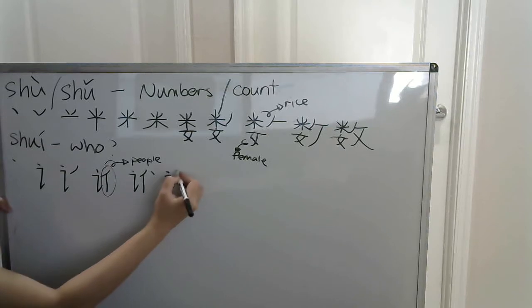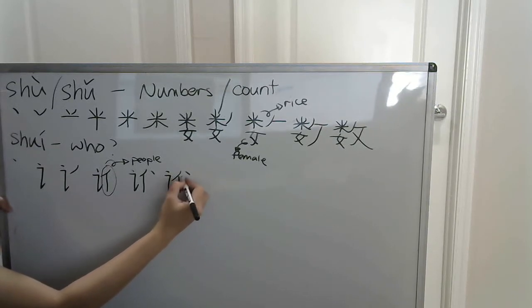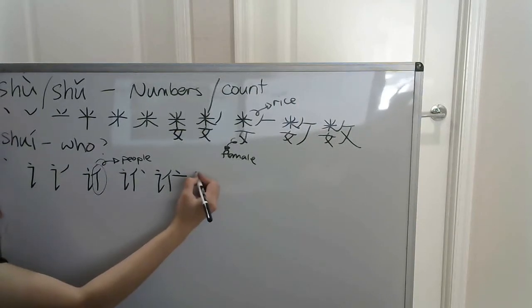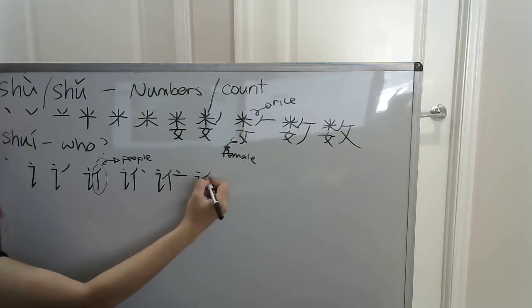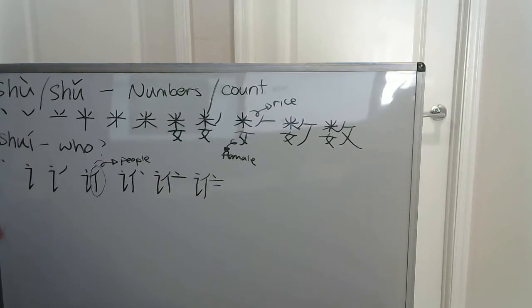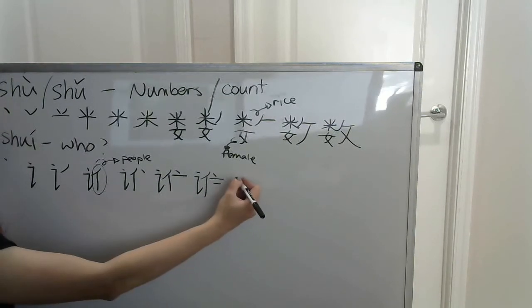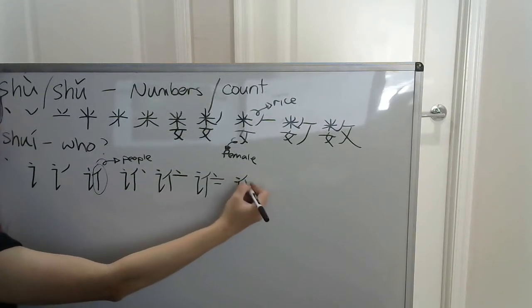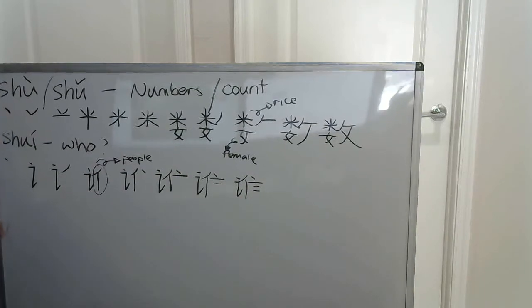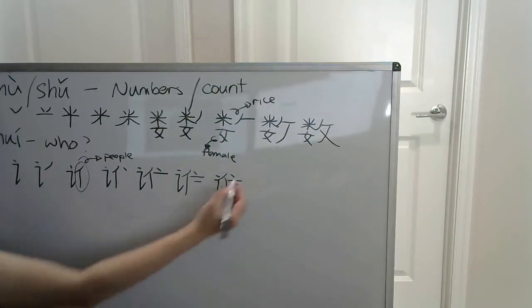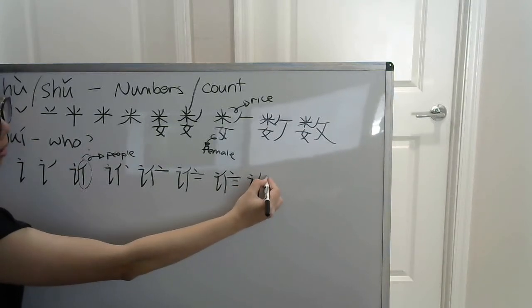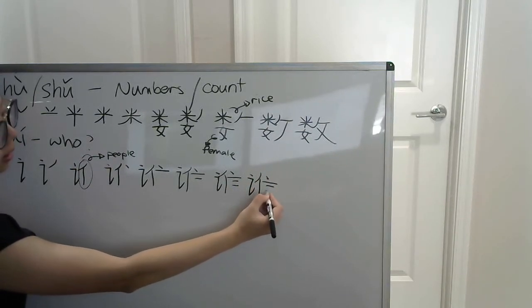点横折钩撇竖点横, and then a little 横 underneath. Then another little 横.